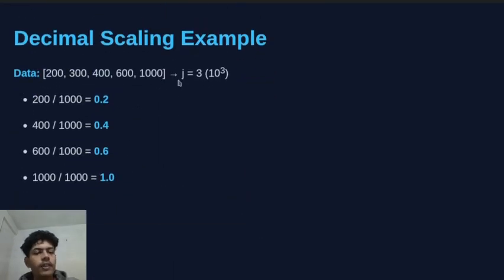For the same data set, 200 gives 0.2, 400 gives 0.4, 600 gives 0.6, and 1000 gives 1. So the power will be 3, because at power 3, 1000 gives 1.